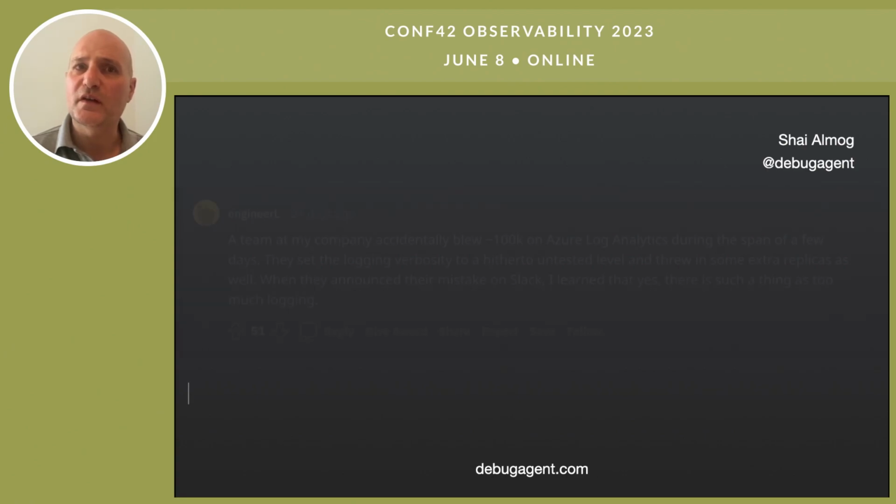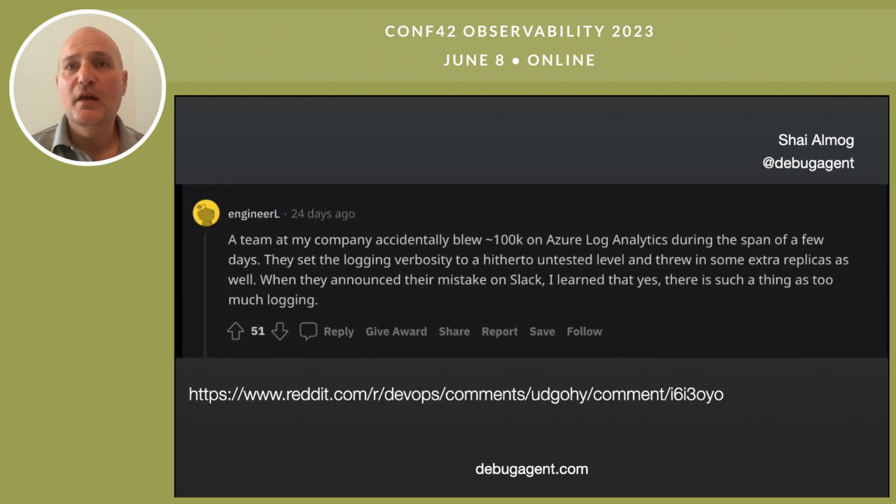This was discussed a while back on Reddit, and I love this quote from one of the posters. A team just set a log level too high and burned through $100,000 in days. This is a very common scenario, although this is indeed extreme.